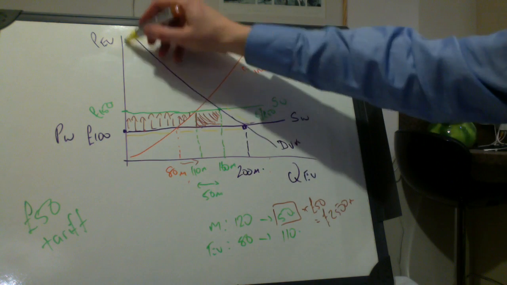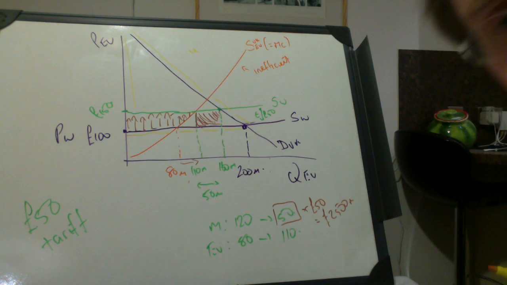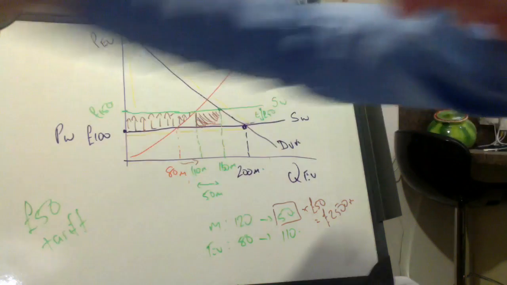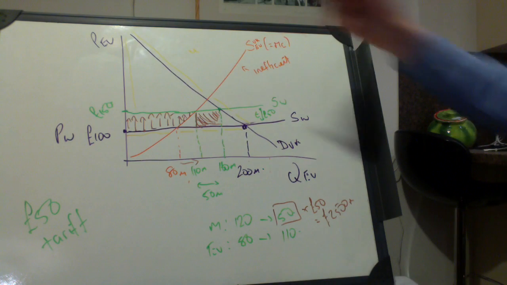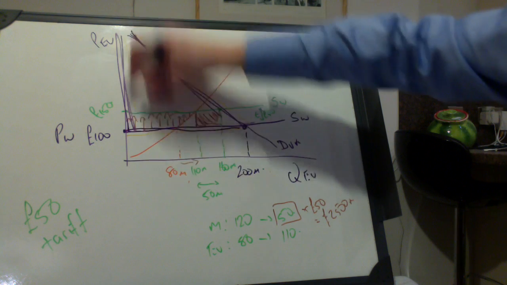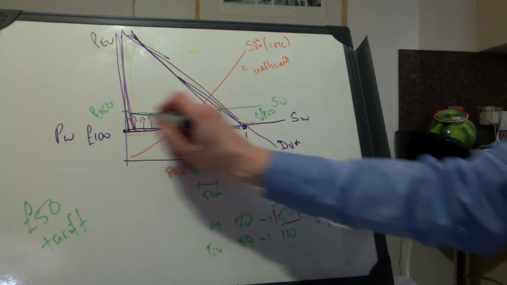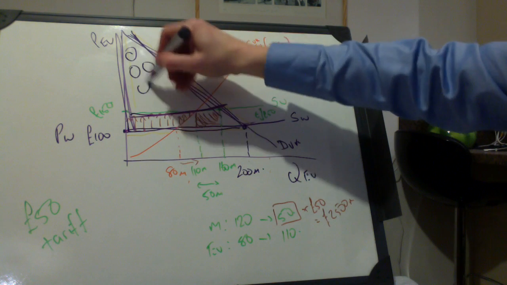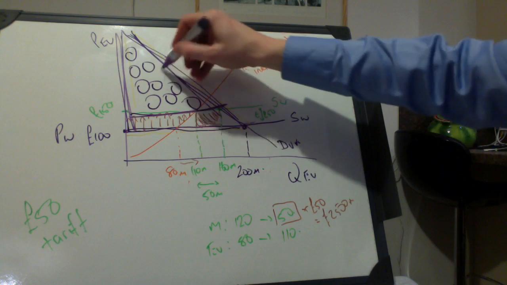So consumer surplus used to be that area there. That's not really very legible, is it? What have we got? Brown, pink. There's no black one. Oh, for goodness sake. So it used to be that. Now price has gone up, so consumer surplus is now only the blobby area here.